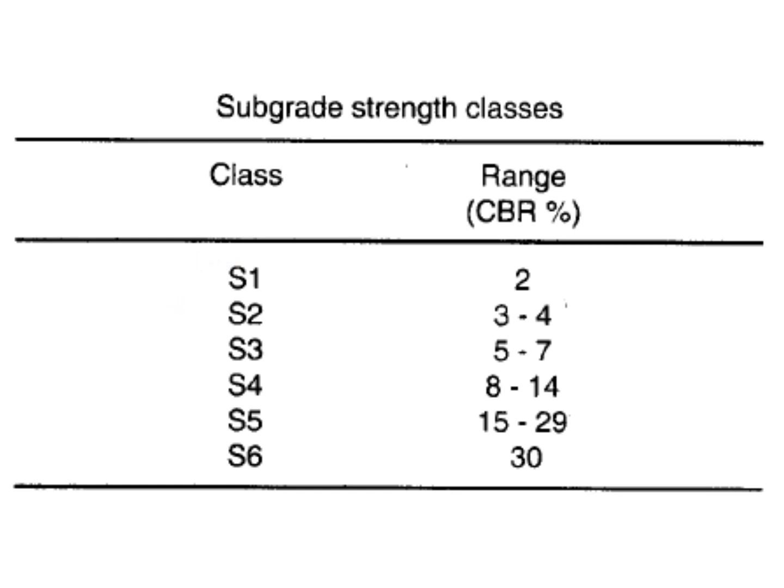In fact, in this method, you will have to know the class of the traffic and the class of the subgrade. Once you have these two classes with you, then designing the flexible pavement becomes very simple. Simply use the design charts, and you can get the thicknesses of the different layers very easily.